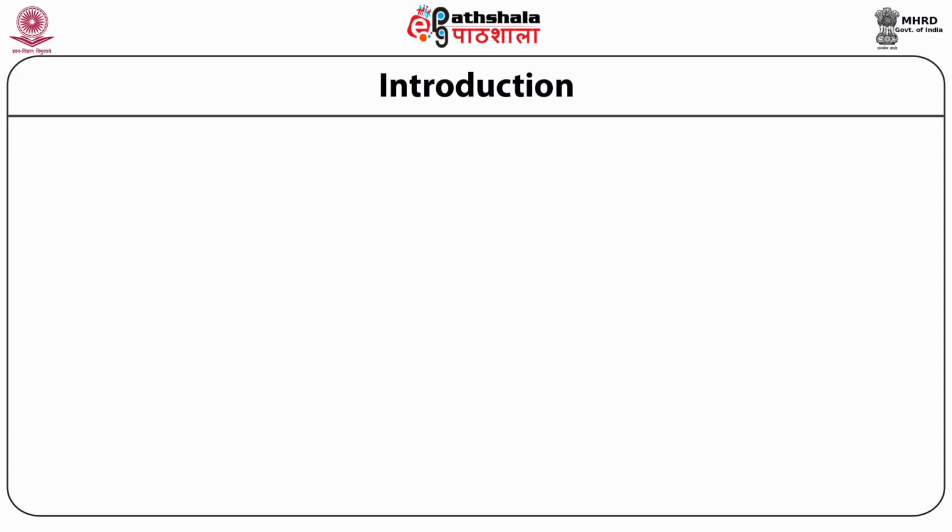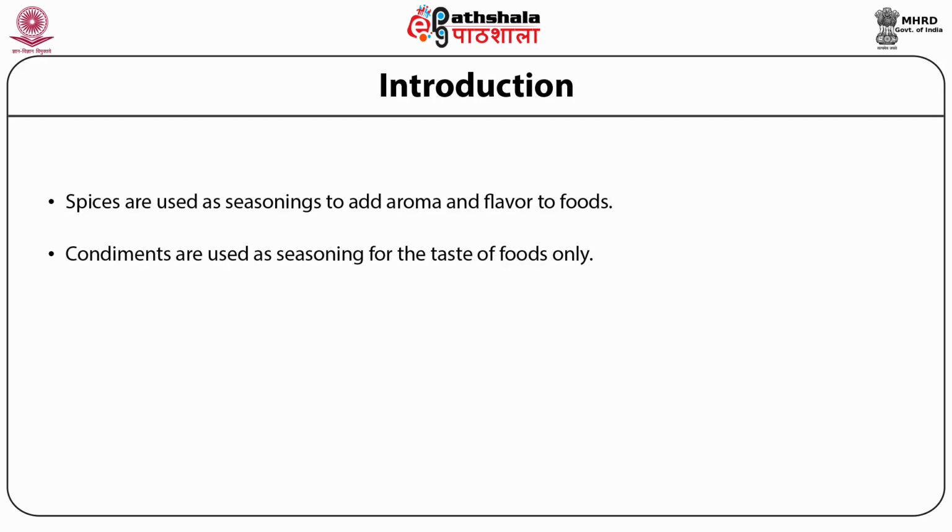Spices can be defined as the dry part of a plant, such as roots, leaves, bark, fruits, flowers, and seeds, which are used as food adjuncts to add aroma and flavor to food products, while condiments are also plant parts which are used as food adjuncts to add taste only.